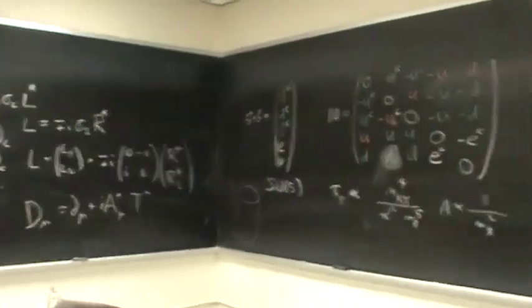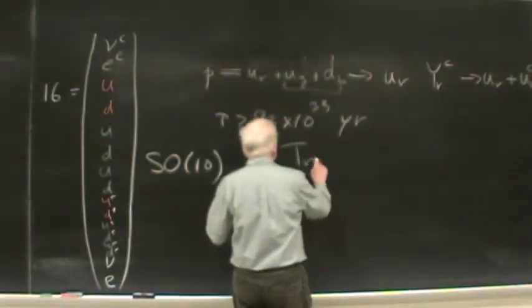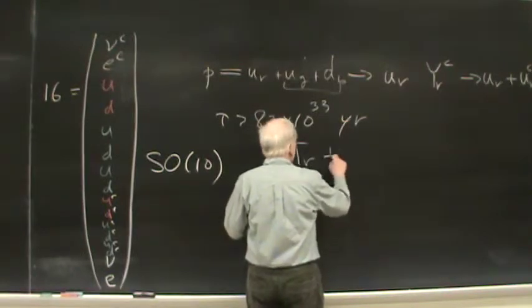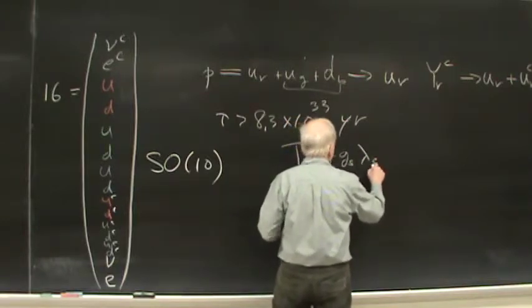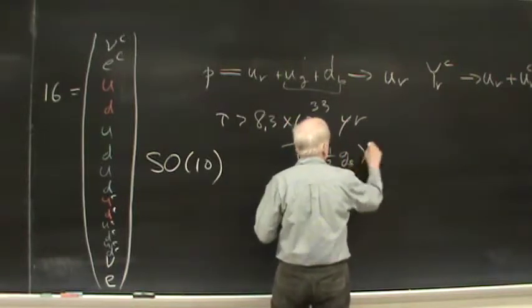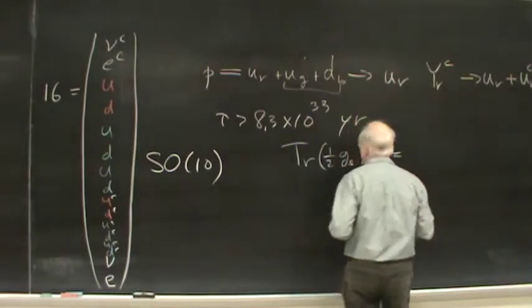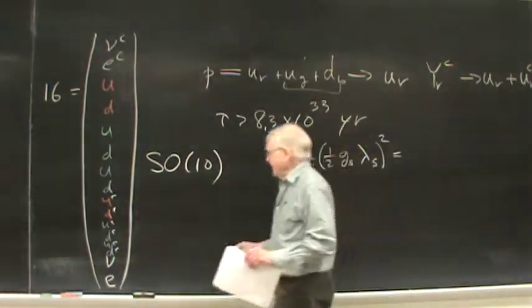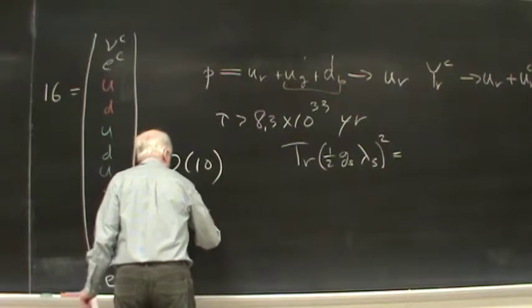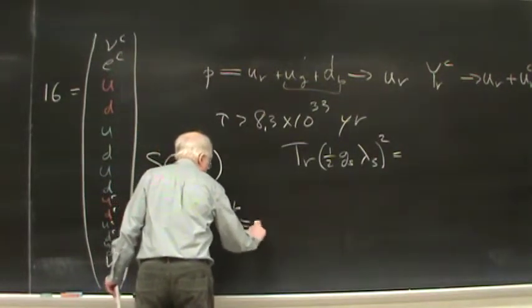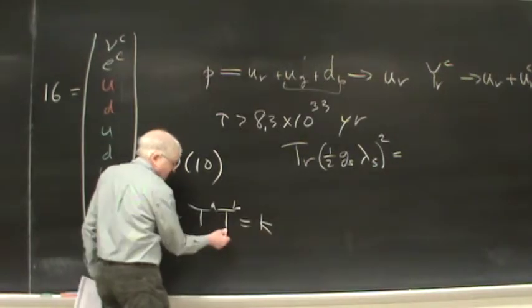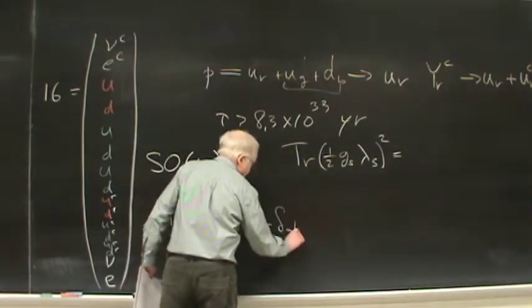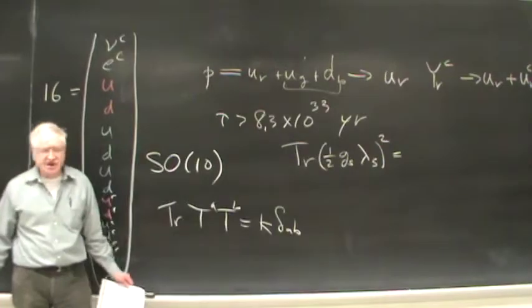Well, first of all, the trace of a half G strong lambda 3 squared. Remember, this is a standard thing. Trace T_A T_B is some constant, depending on the representation, times delta AB. That's what you do with the generators of any compact group.